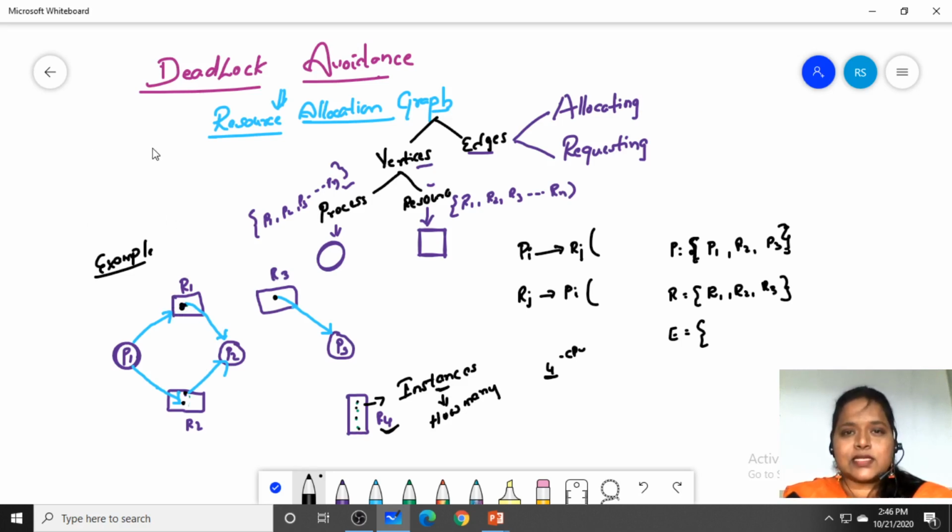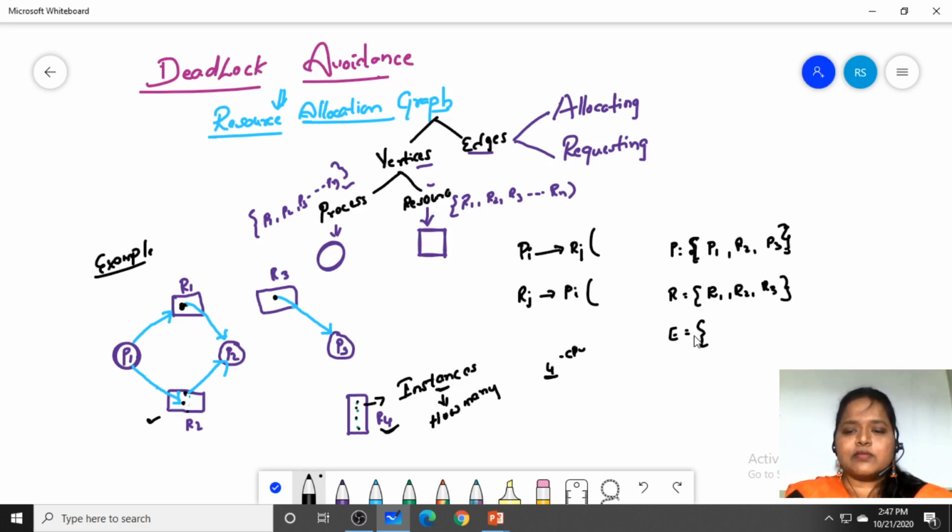R2 is having 2 instances, and one instance is held by the process P2, and P1 is requesting for another instance. Fine, like that you have to say.